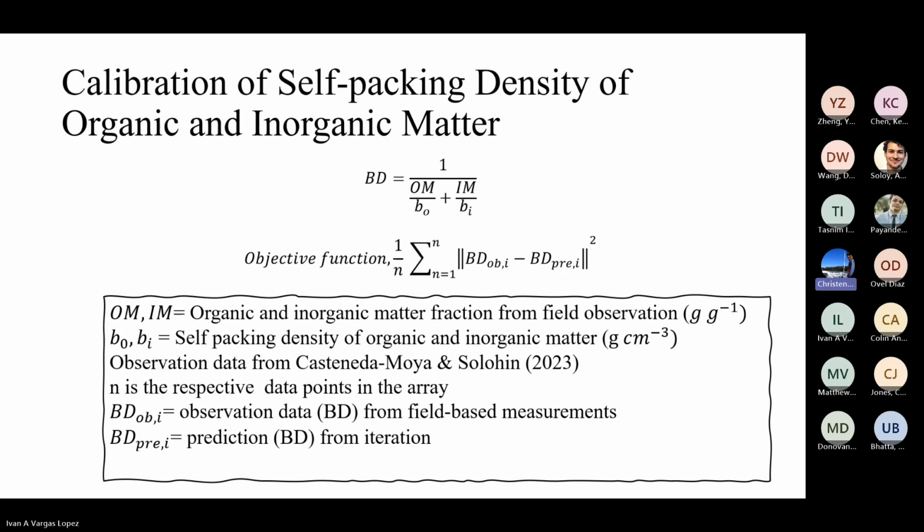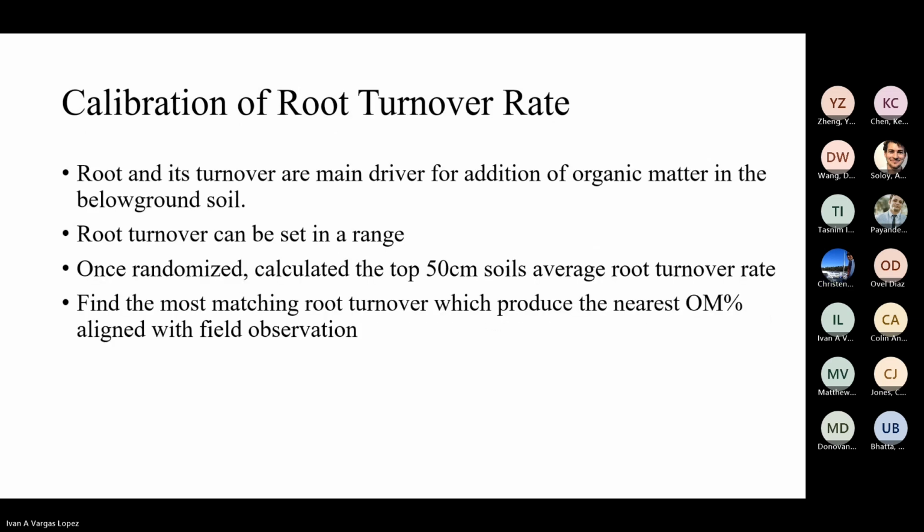BD observed is bulk density from the field measurements for each cohort, 10 centimeter cohorts. And BDPRE is the prediction from the iteration. So whenever it optimizes the data, it will give you the best fitting cell packing density of organic and inorganic matter in gram per cubic centimeter.